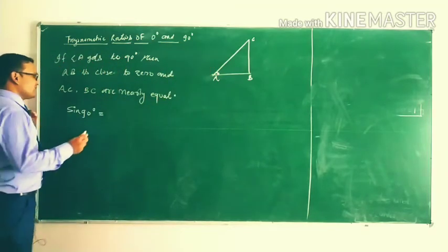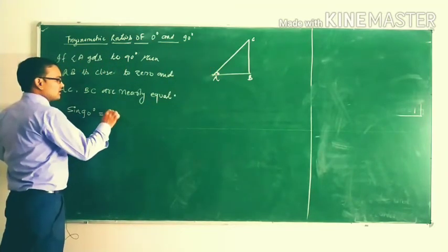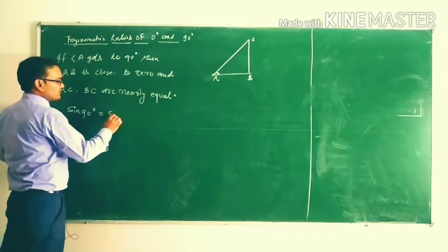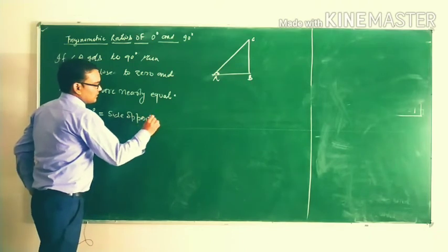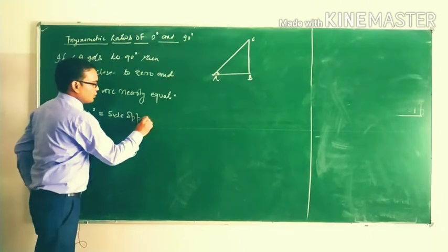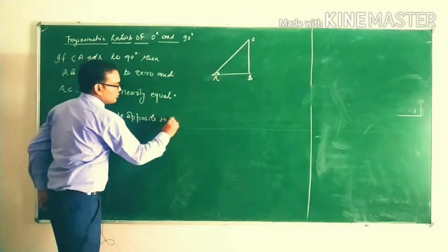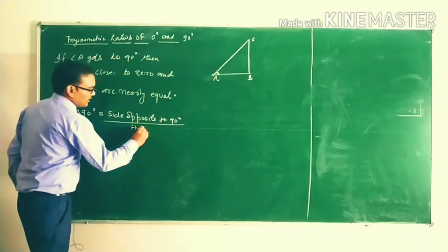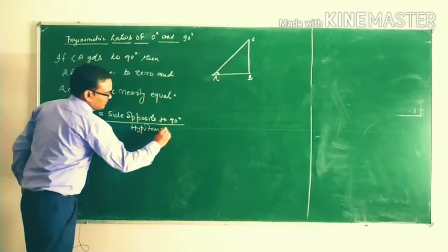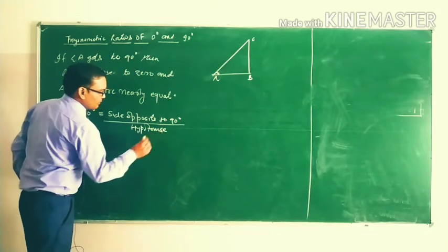Sin 90 is the side opposite to 90 degrees upon hypotenuse. Okay students, hypotenuse.